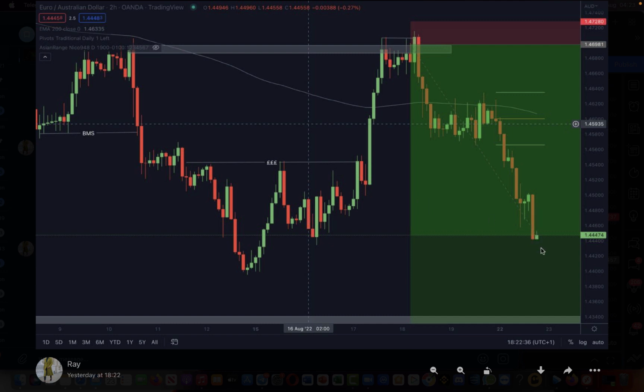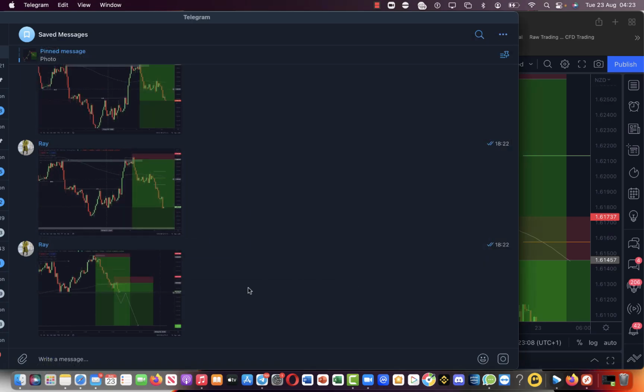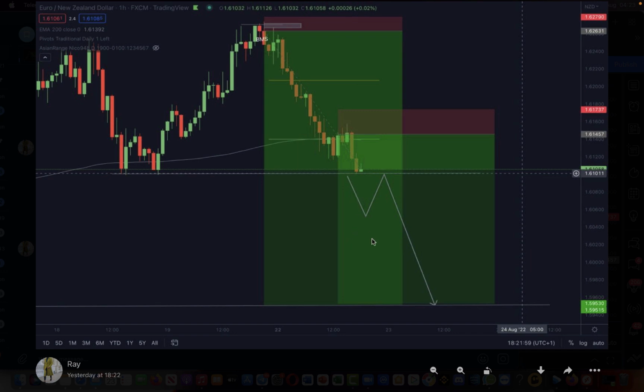Euro AUD was also dropping, and here I have my final target. So I expect price to extend lower to this level here. If you look at EA, we still have more room. As long as EA is dropping, I expect EN to also drop. So I also used EA to correlate EN.